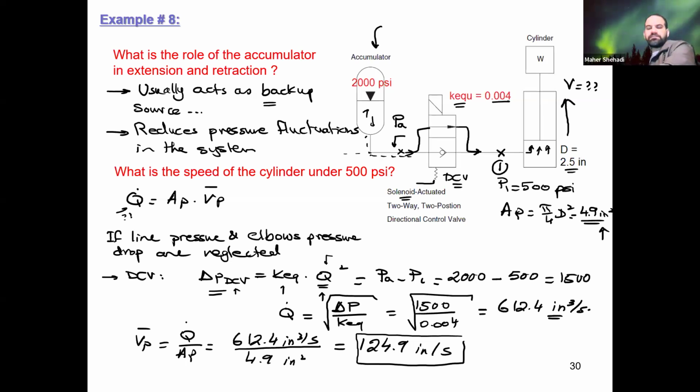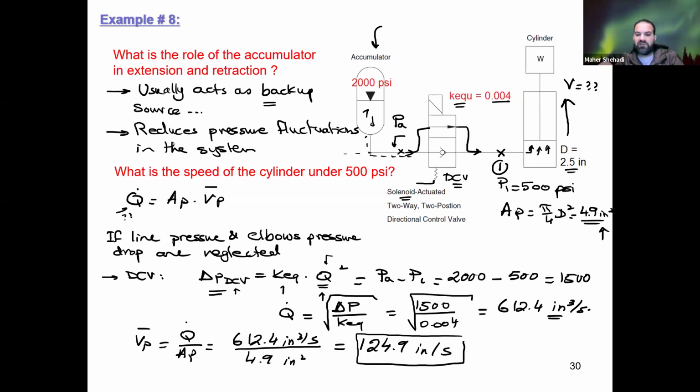Usually this type of question will be combined with what we see on the next slide. So they ask you to find the velocity, the flow rate, or there's an initial requirement that you will need to find, and then they would do a change in the system.